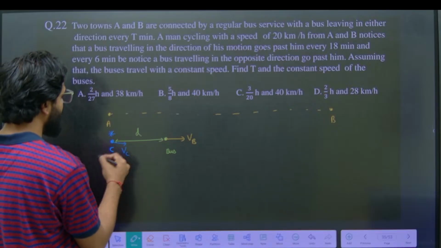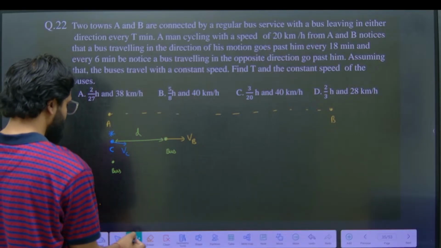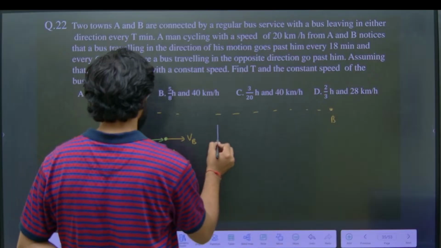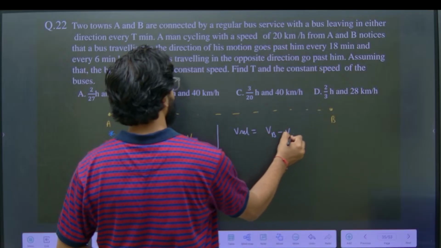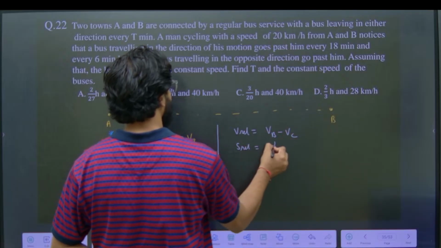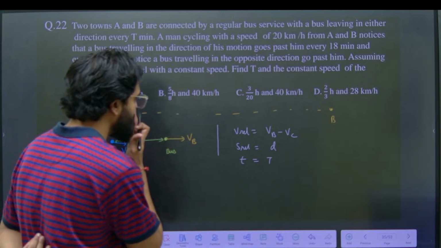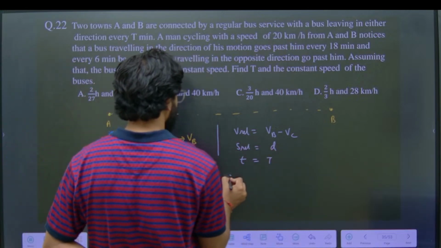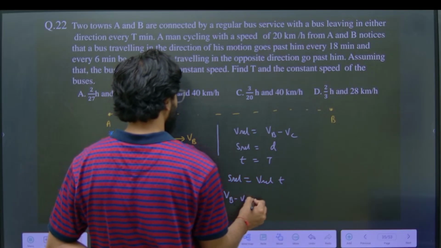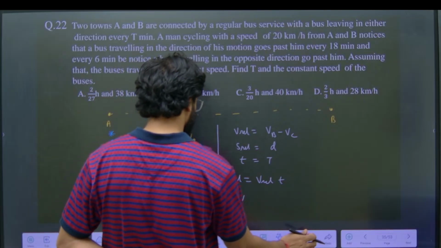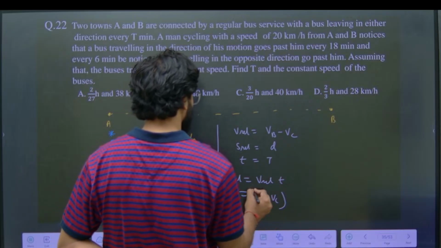When we are dealing in the relative frame, the velocity relative will be vb minus vc, s relative is d only, and time is capital T. So s relative equals v relative into t, so d equals vb minus vc into T.